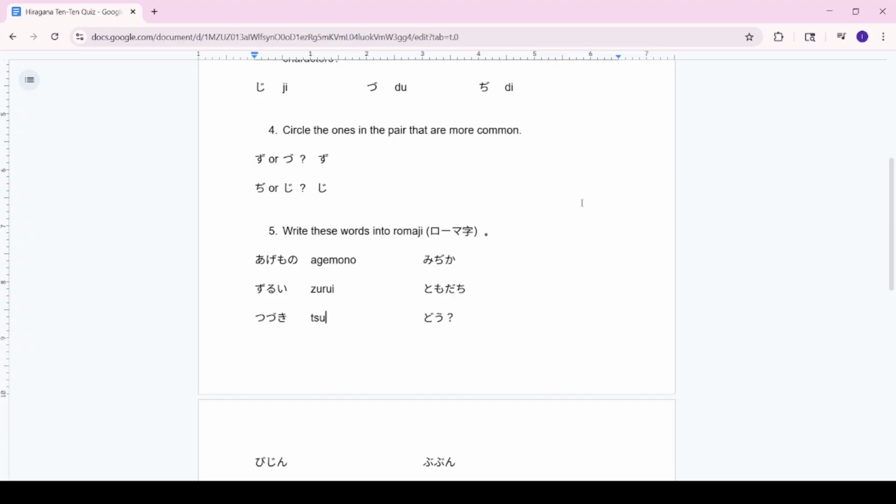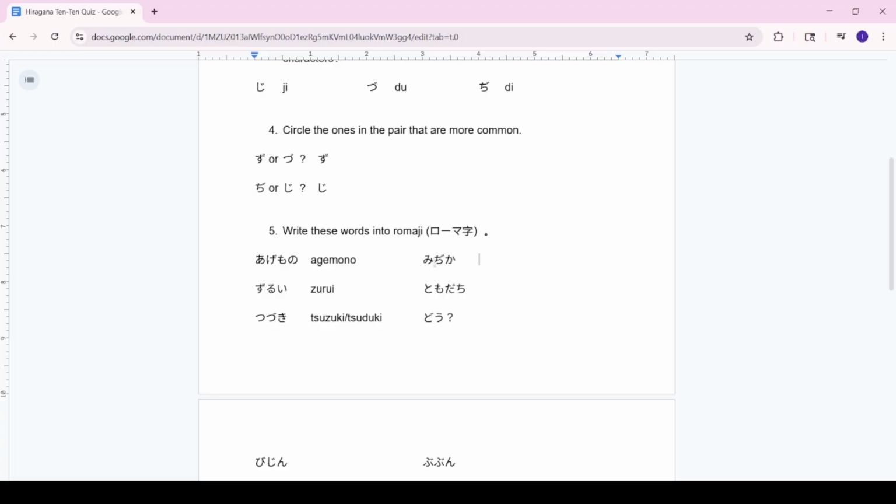So we have tsu, Suzuki. You can also write it as Suzuki. Right? Which is, yeah, I'll talk about that later. Alright. What about this one?